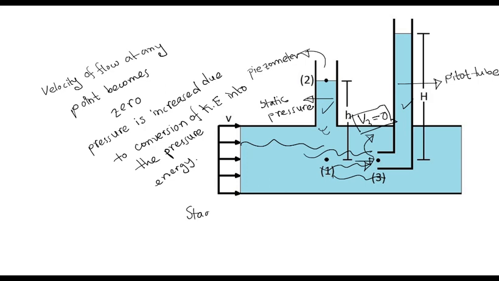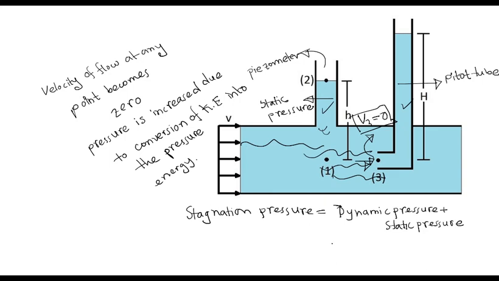Stagnation pressure is equal to dynamic pressure plus static pressure. That is our static pressure, and that is our dynamic pressure.